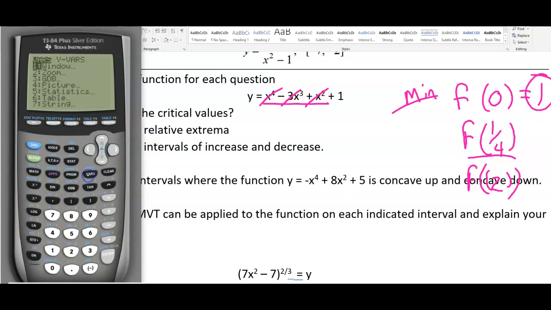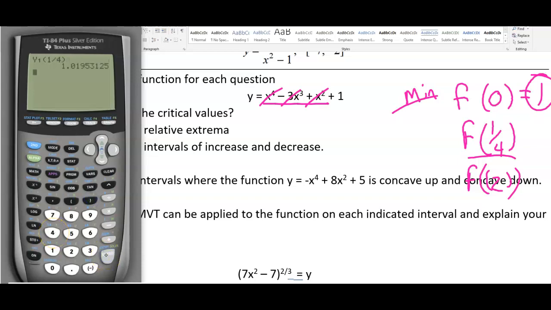Then I'm going to go to variables, and then I'm going to scroll over to y variables, click 1, and then 1 again, and that brings up the y1. So in parentheses, I'm going to plug in 1/4. Okay, and I'm going to push enter.